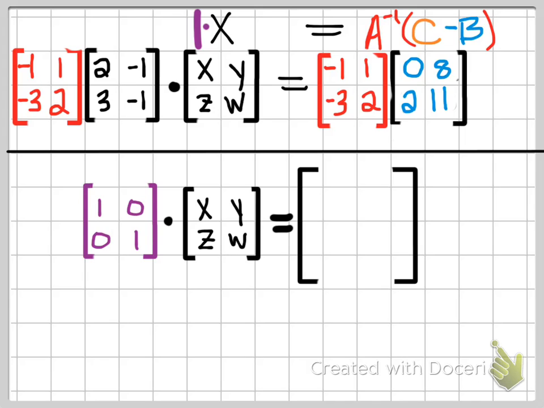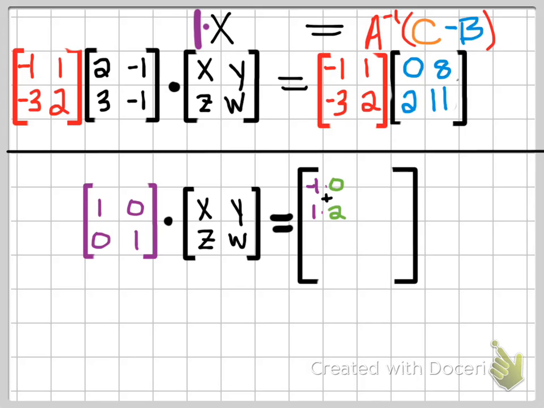Now to get our first element, we use our first row in the inverse of A times the first column of the second matrix, C minus B. And how that behaves is we take our matching elements of the rows and columns and we combine them through addition.